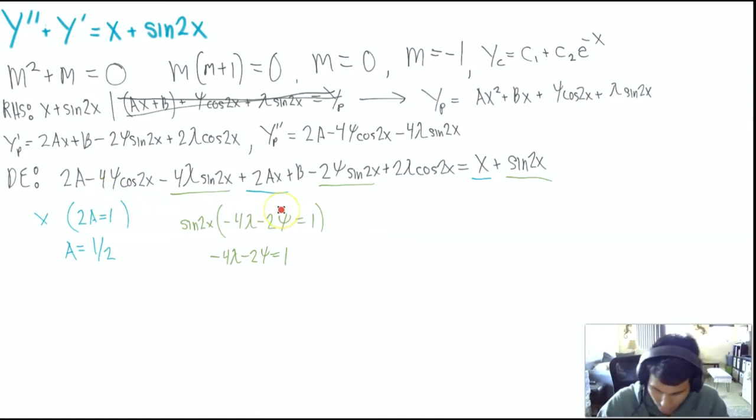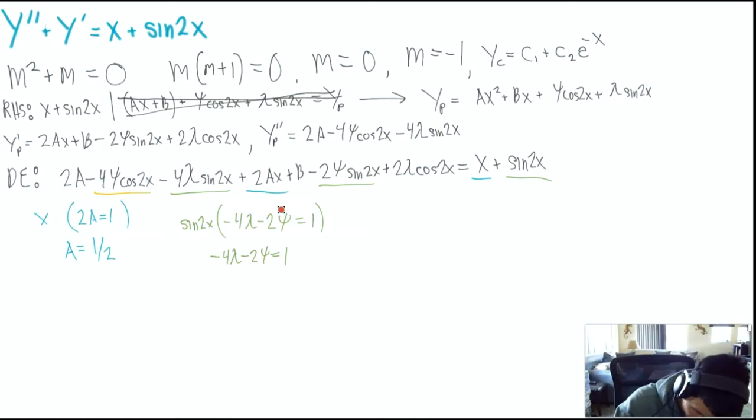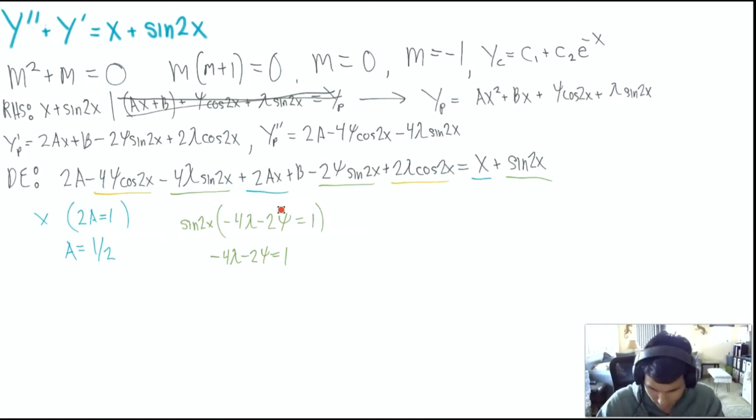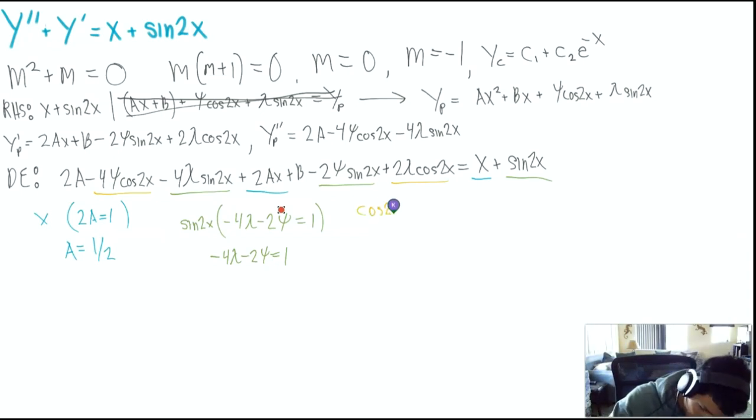So let's think about our cosine terms now. And I'm going to use a yellow cosine here. And cosine here. There's no cosine on the other side. So we have cosine 2x, negative 4, it's not lambda, negative 4 tritant plus 2 lambda.